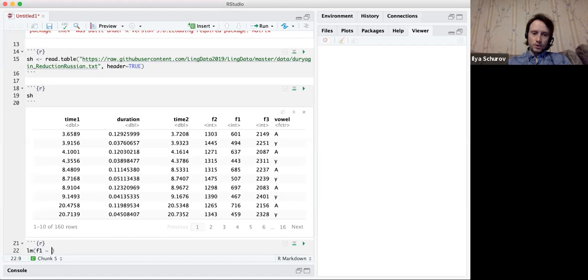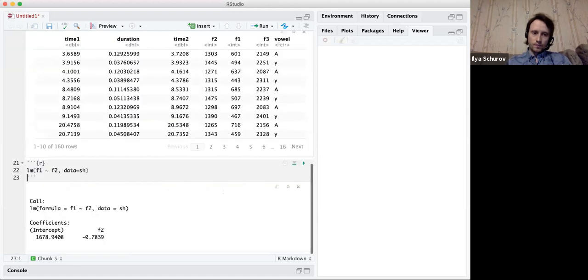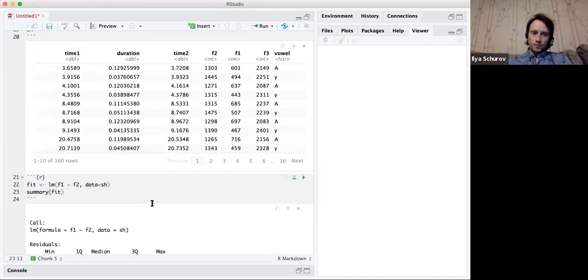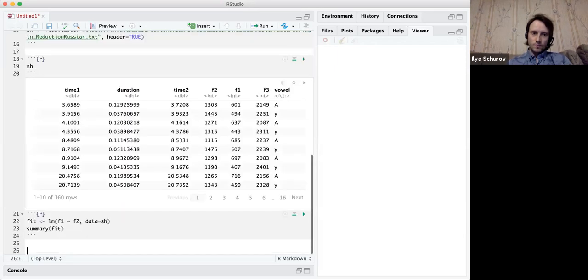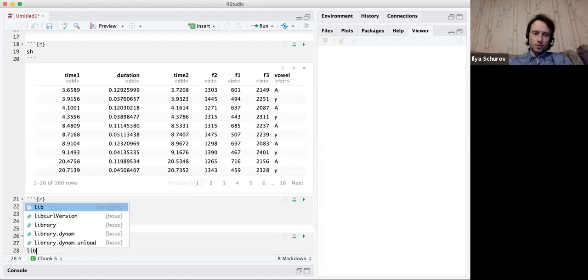So first formant depends on the second formant. And this is our data. Okay, let me use tidyverse and let me use ggplot for visualizations.